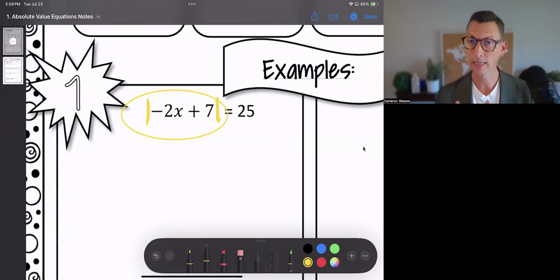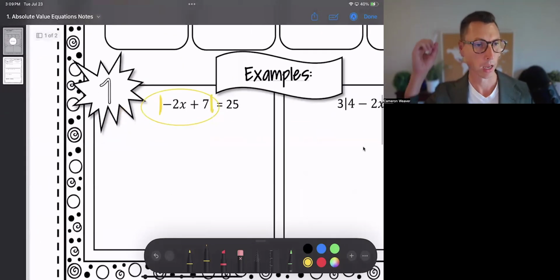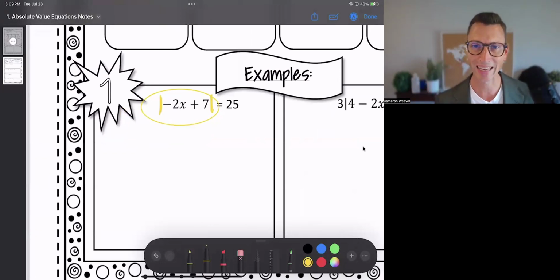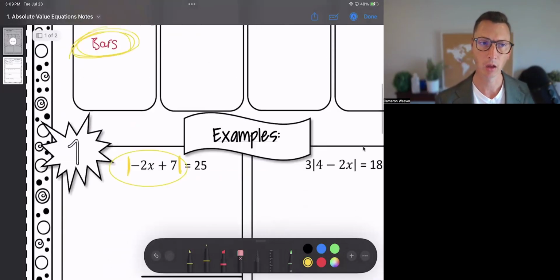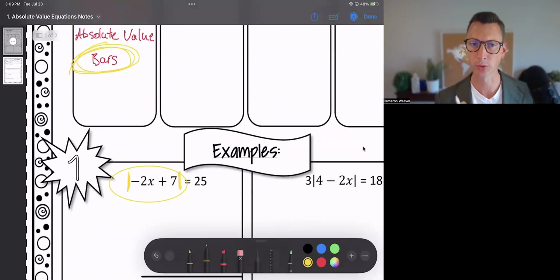Distance is always positive. That's going to be a key point that we bring out later in the semester. However, for our purposes right here, notice whenever I say isolate absolute value bars, in example number 1, absolute value bars are already isolated. So from there, we can move on to step number 2.